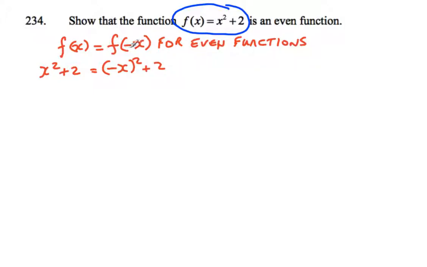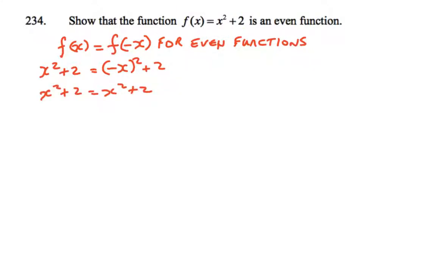So instead of f of x being x squared plus 2, we're going to have f of minus x being minus x this time, being squared plus 2. So we're just processing minus x instead of x through the same sort of algebraic expression.